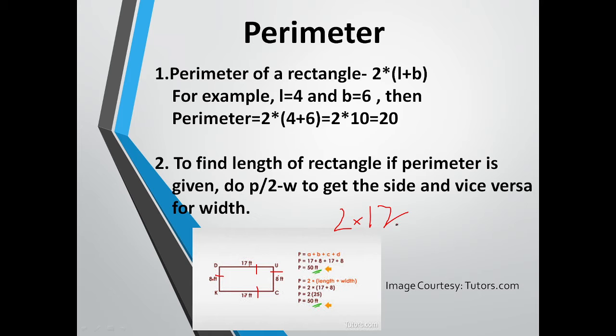Now we'll use the distributive property of multiplication over addition. The distributive property is that 2 is common in both of these terms, so we take it out as common and put 17 plus 8 in brackets, as these are not common. So 2 into (17 plus 8). As you can see, we have got the formula.